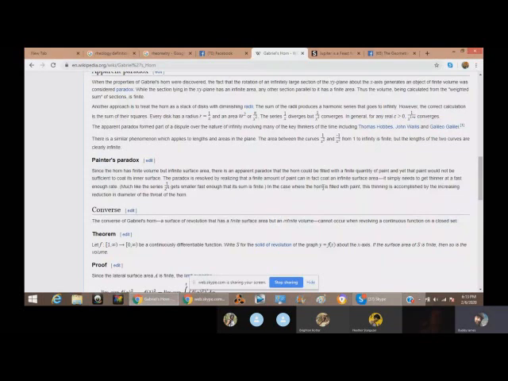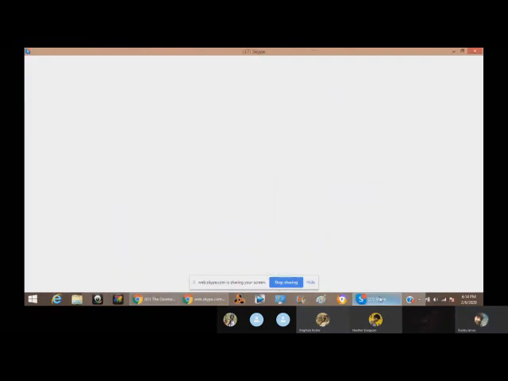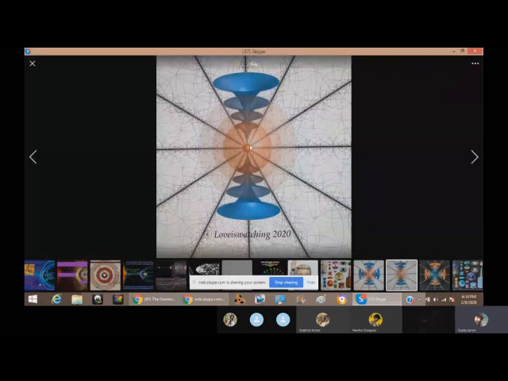In the case where the horn is filled with the paint, the thinning is accomplished by the increasing reduction in diameter of the throat of the horn. That's a familiar algorithm. 1/2^n is in your Dougherty set. Yes, I think the whole thing is 1/2^n, right? 1/2^r, and the diameter 1/2^n. Right. So that's why I know that this is Torricelli's trumpet here.